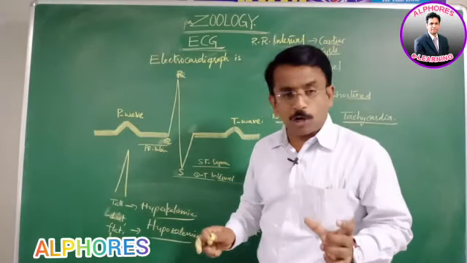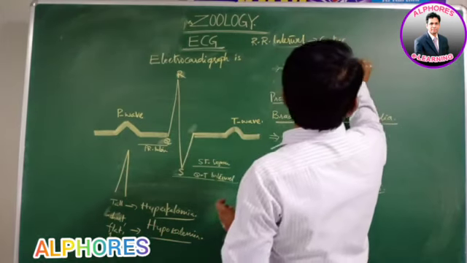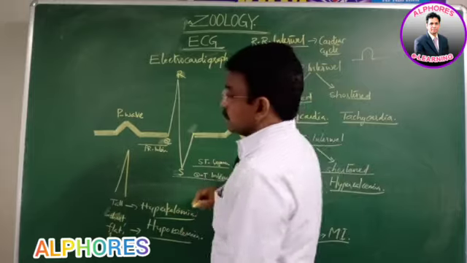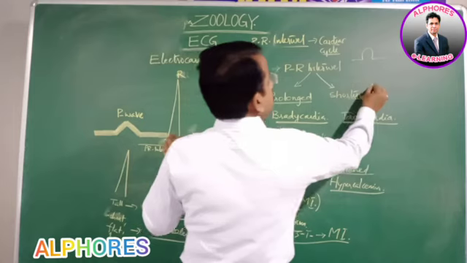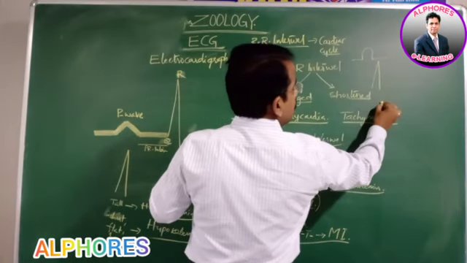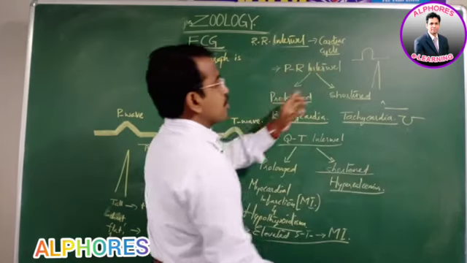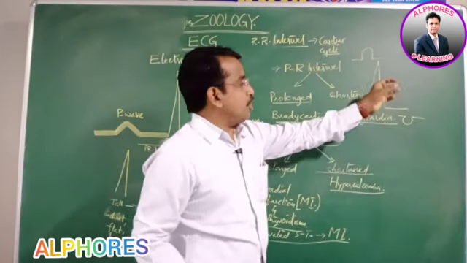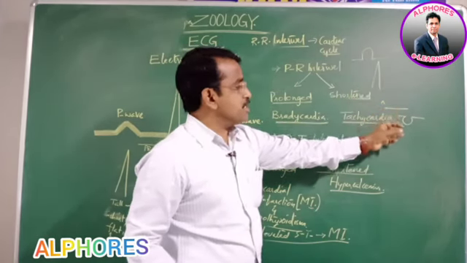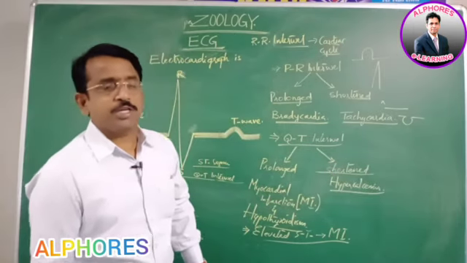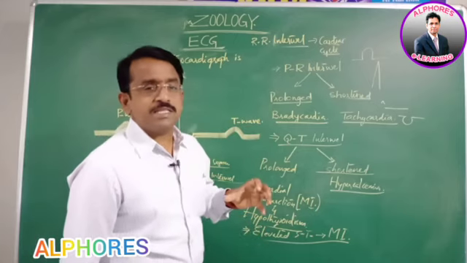If it is short, small, inverted and flattened, which means abnormalities: the tall T wave indicates hyperkalemia, and a short, flattened and inverted T wave indicates hypokalemia.